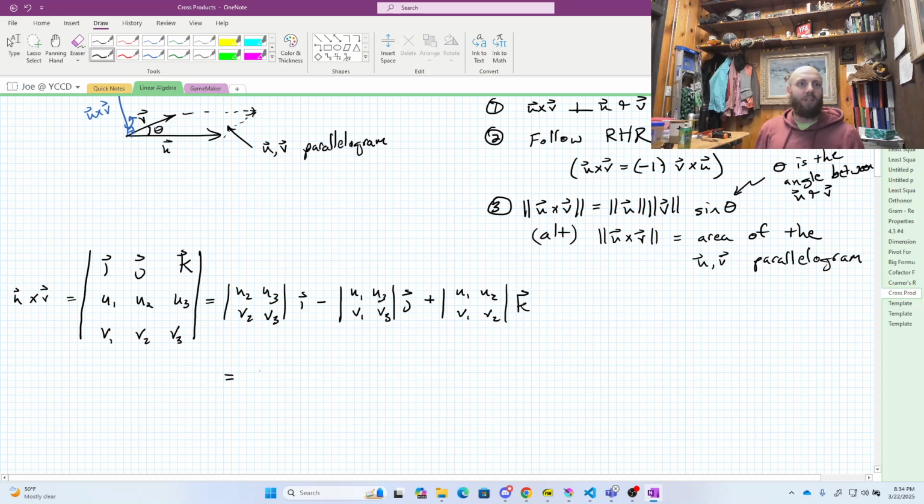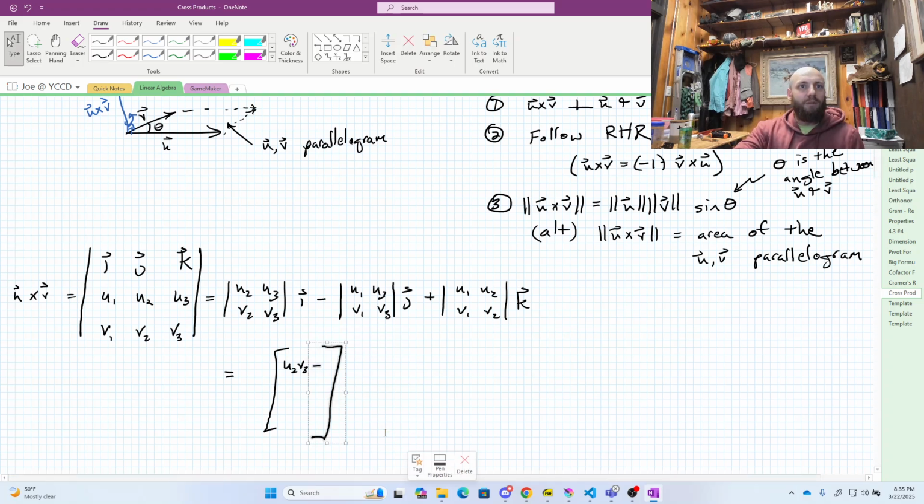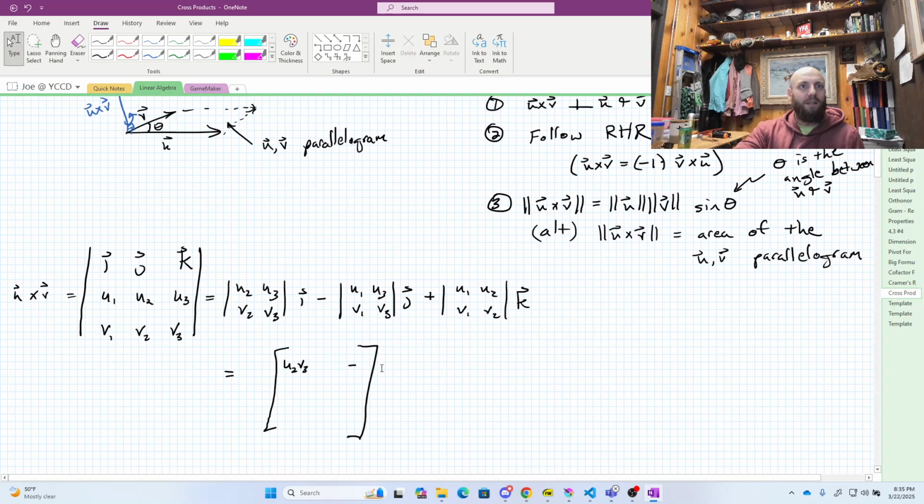Another way we could write that out is to calculate these things and make ourselves a vector. So here we should have a three-dimensional vector. The first component should be u2 v3 minus v2 u3.